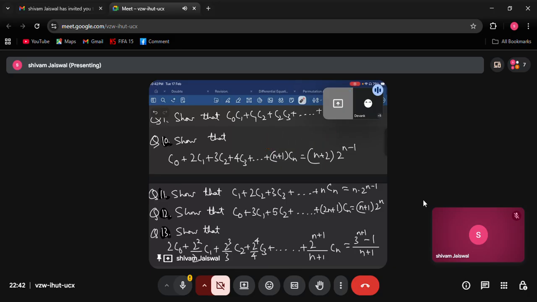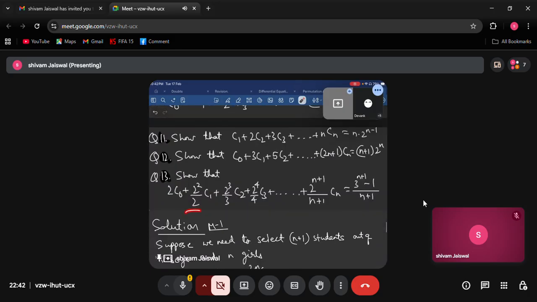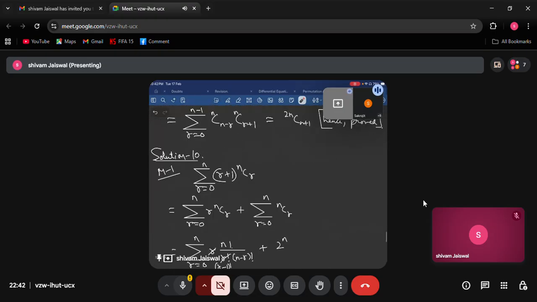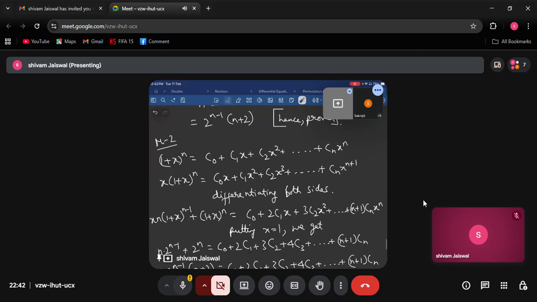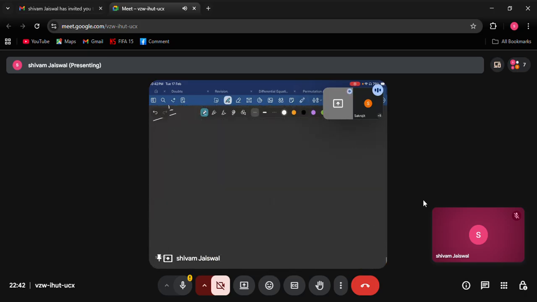But now I need the coefficients in the denominator. Are you people able to see 2 to the power n plus 1 upon n plus 1? So integrating this equation, exactly. Do you think integrating 1 plus x whole to the power n will help us?